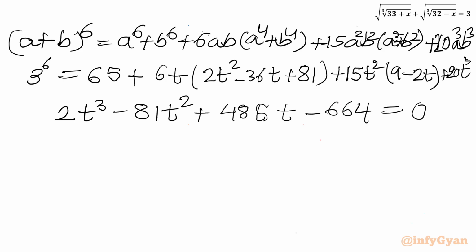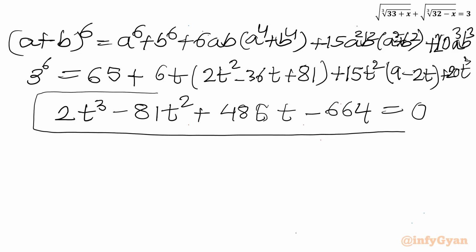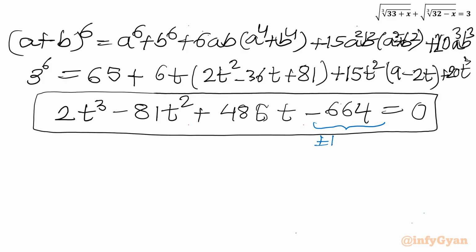This is one cubic equation, and I will solve using rational root theorem and synthetic division method. So let me find eligible factors of constant term 664. So I can write plus minus 1, plus minus 2, plus minus 4, plus minus 8, and so on. And leading coefficient, if I will write, it is plus minus 1 and plus minus 2.